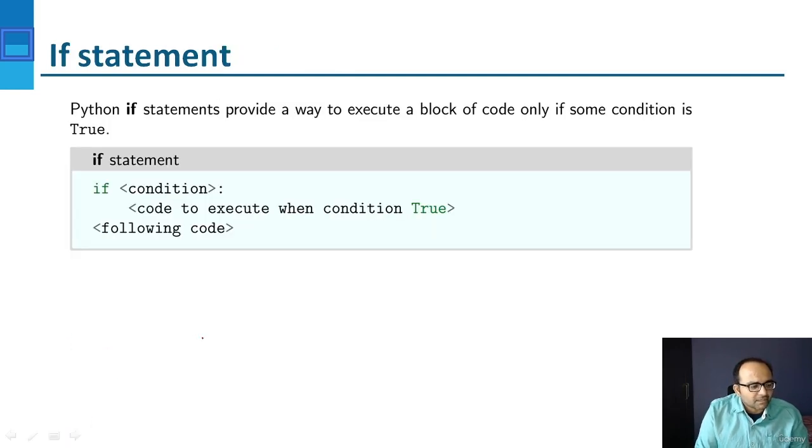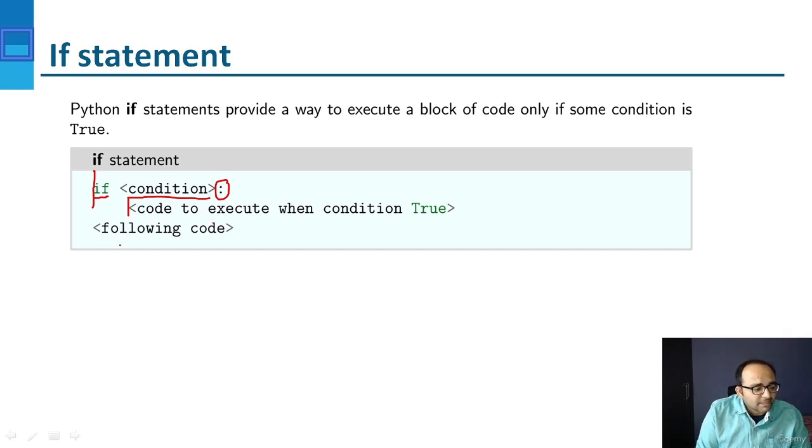And now let's see the syntax of the if statement. First you have to write the keyword if followed by the conditional expression and mention the colon. Immediately if you press enter, it will take you to the next level of indentation, and the code related to this if block will be written here.